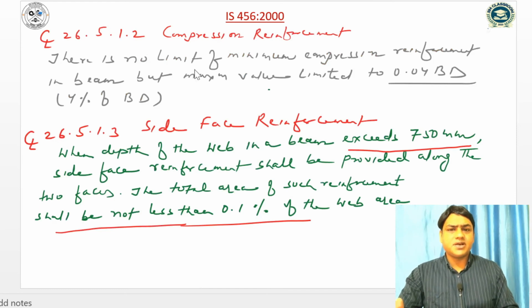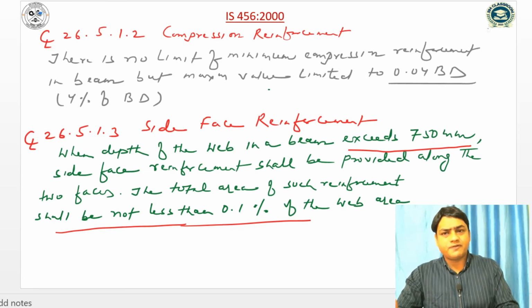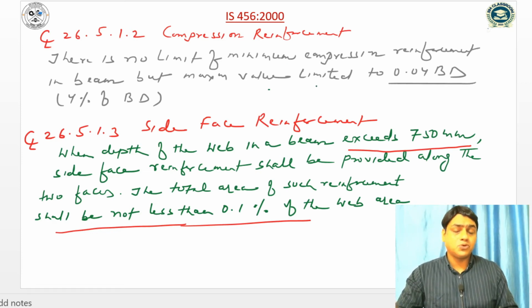So here we can see that compression reinforcement also should not be greater than 0.04 BD. The minimum tension reinforcement, as we have already discussed, is 0.85 BD by Fy, where we use the effective depth, and for the computation of maximum compression or maximum tension reinforcement we have to use the overall depth.